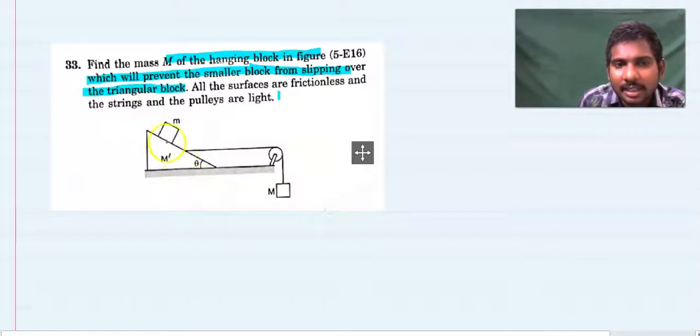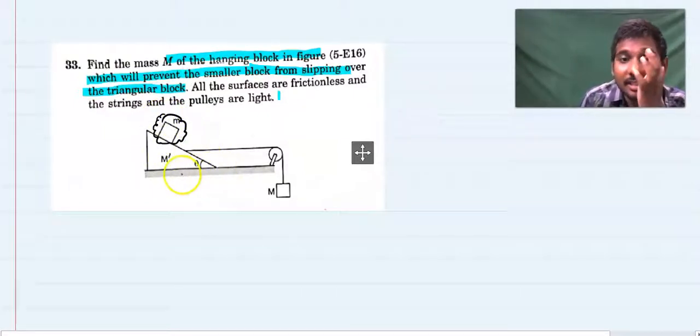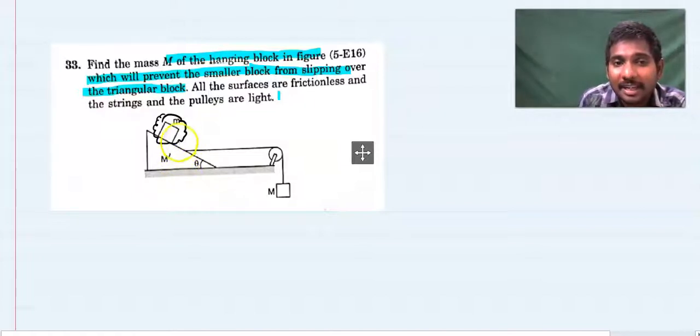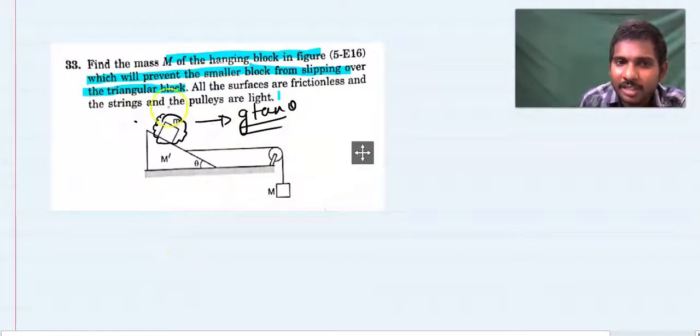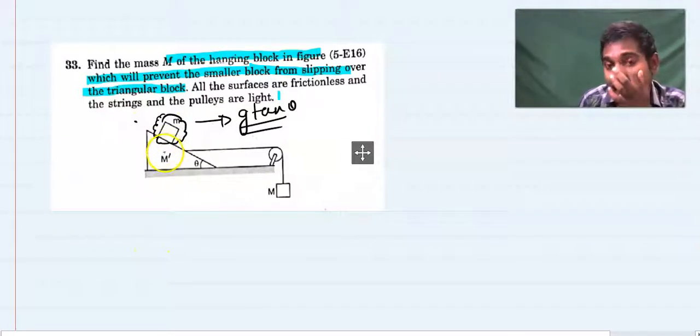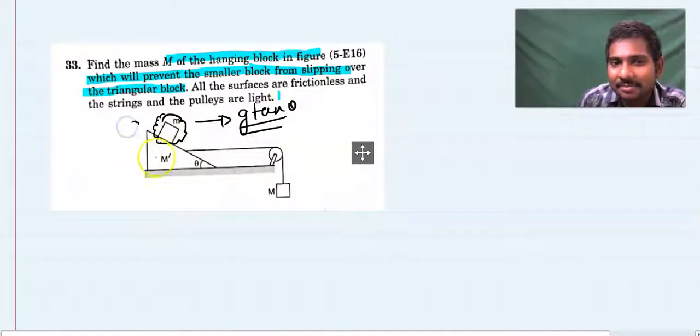For this block to not slip with respect to this wedge, this wedge should go with an acceleration g tan theta that we have studied from the previous question. This entire system should have a force.